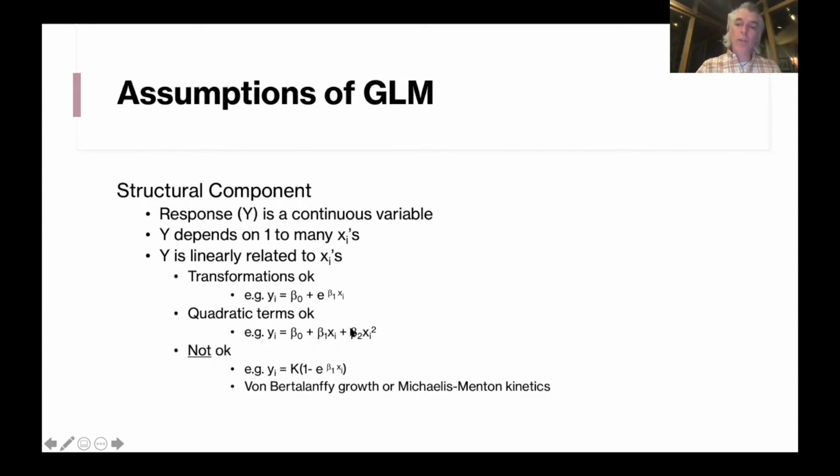It's just the quadratic term that makes the overall relationship nonlinear. But what we can't handle in general linear models are fundamentally nonlinear relationships that can't be linearized, either through a transformation or a quadratic term. For example, Michaelis-Menten kinetics equations or von Bertalanffy growth models.